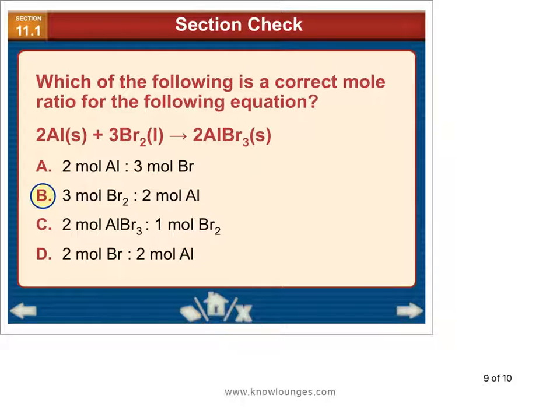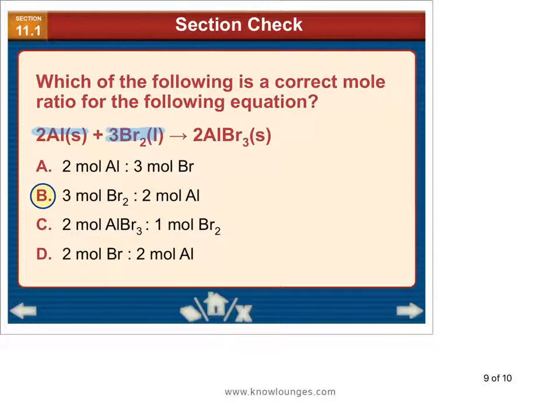Which of the following is a correct mole ratio for the chemical reaction? You see it's B, and the reason is because 3 moles of Br2 relates to 2 moles of Al, which matches that.